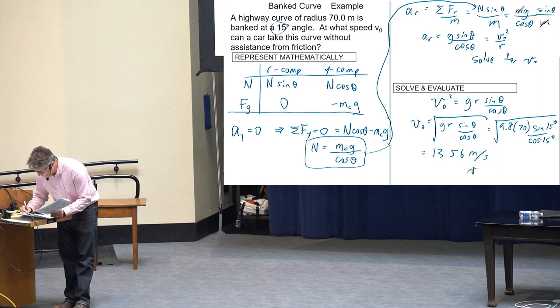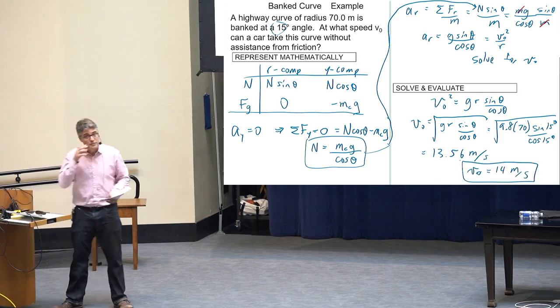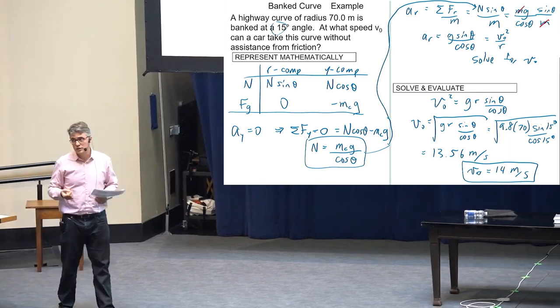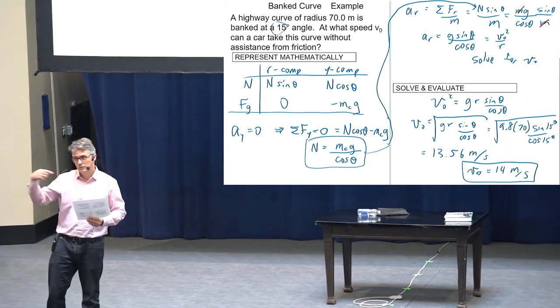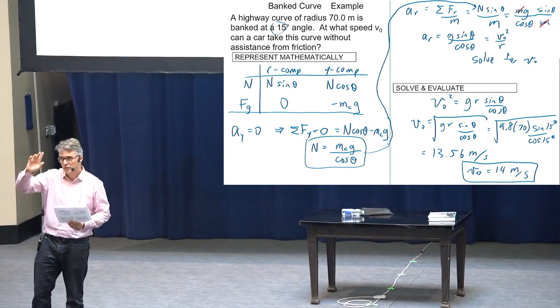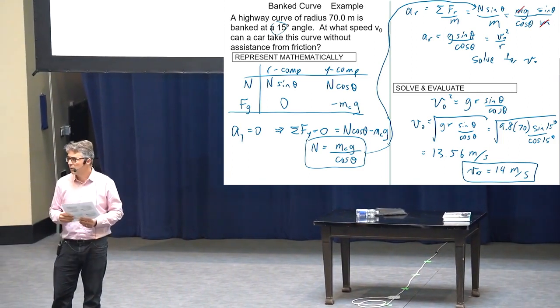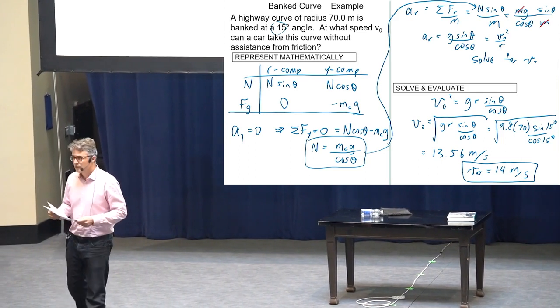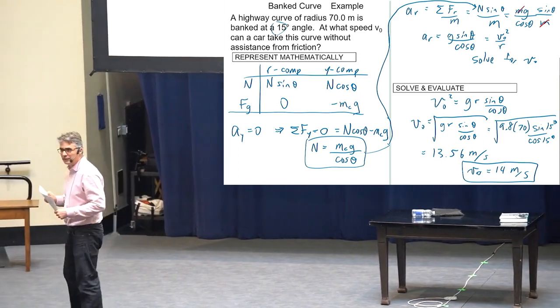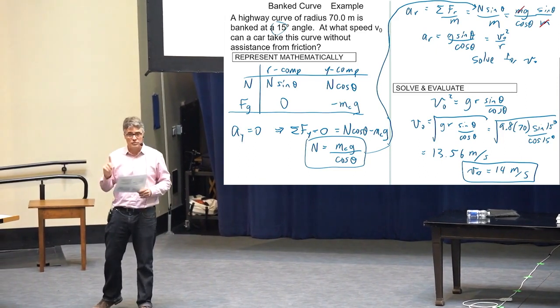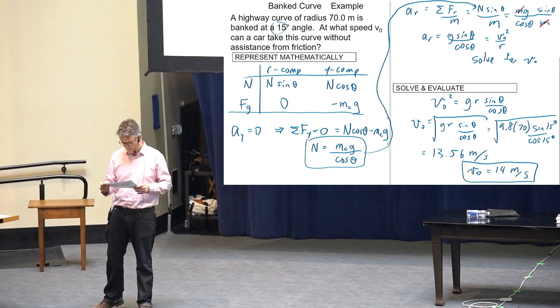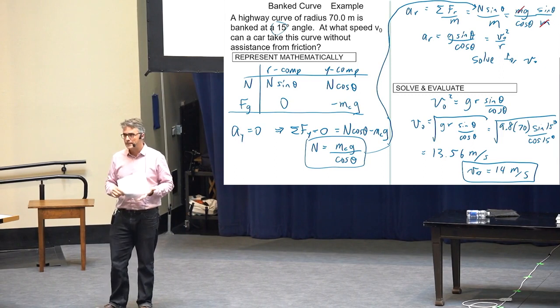So it's around, I guess, 2 significant digits, 14 meters per second. So if you go at that exact speed, then the static friction is 0. Because all the centripetal, I guess, radial acceleration or radial force is provided by some component of the normal force. So even if the track was perfectly slippery and made of ice, the car would still stay on the track as long as it traveled at exactly 14 meters per second.